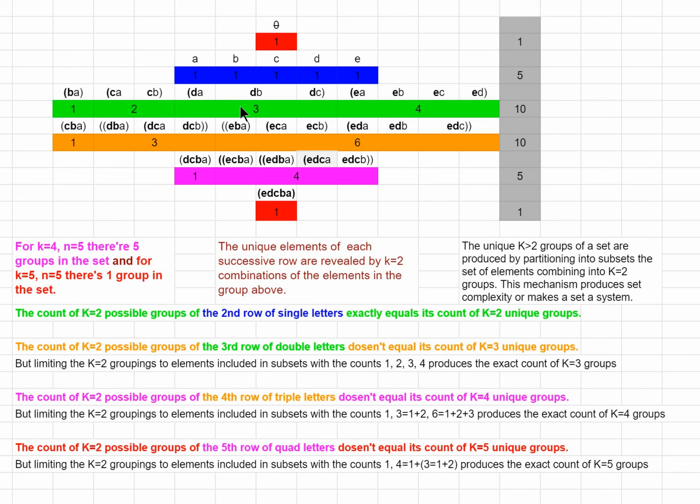So each of these sets of elements combined into k equal 2 groups produces its successive set. This mechanism produces set complexity, as you can see. There's quite a bit of complexity when these get broken down and partitioned. This mechanism produces set complexity, or makes what we term a set into a system.